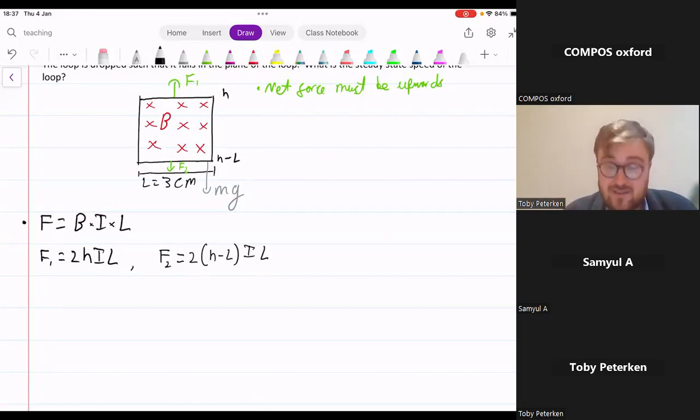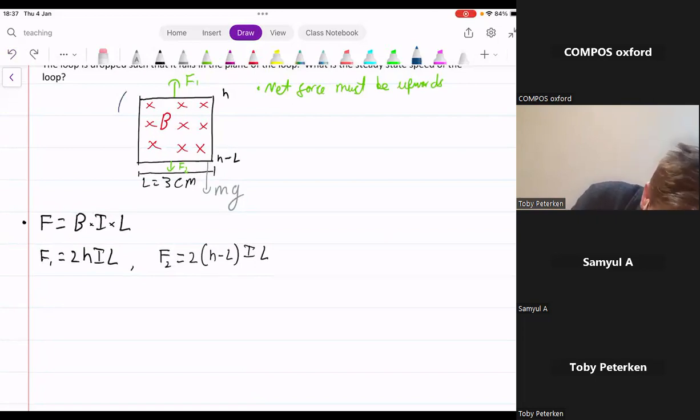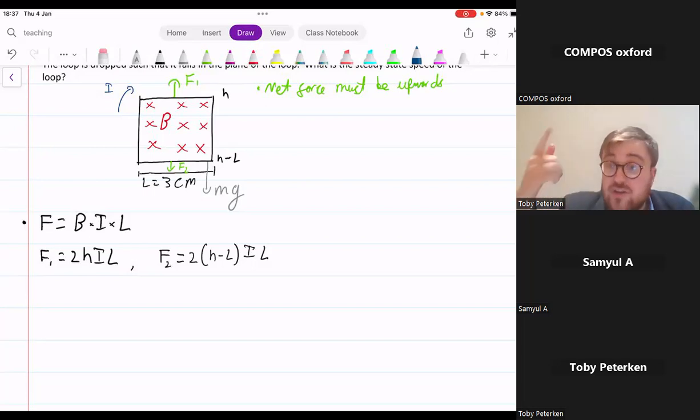In order to increase the flux, and the flux is into the page, we would need a current going, use a different color, in this direction. That way it increases the flux, so we're opposing the change.